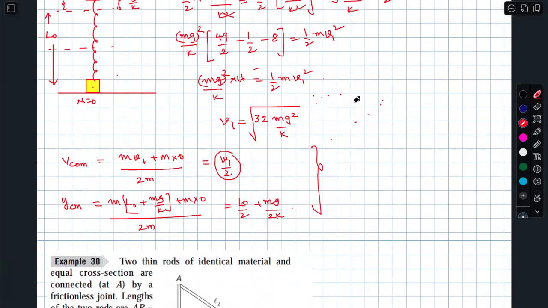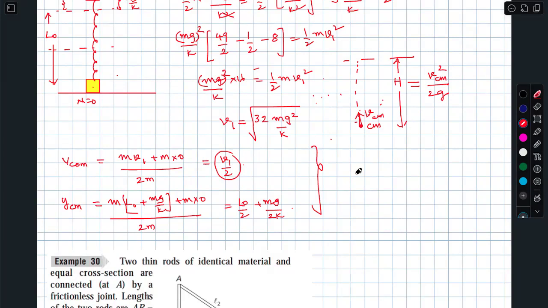You can treat it as if it is the center of mass which is projected up with velocity VCM. So it goes to some maximum height H given by H is equal to VCM square by 2G.